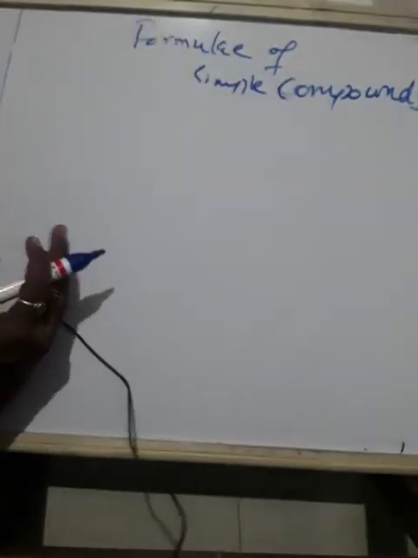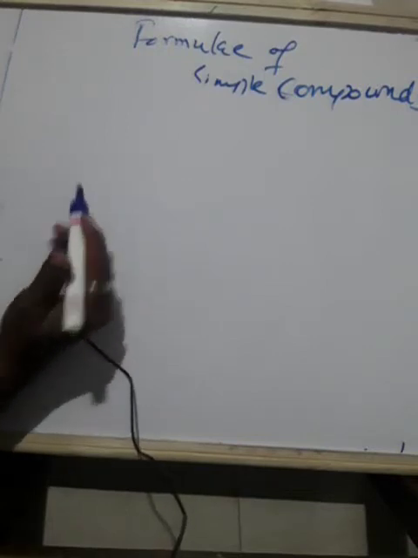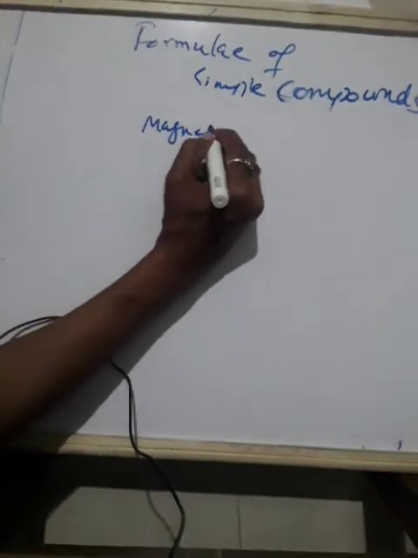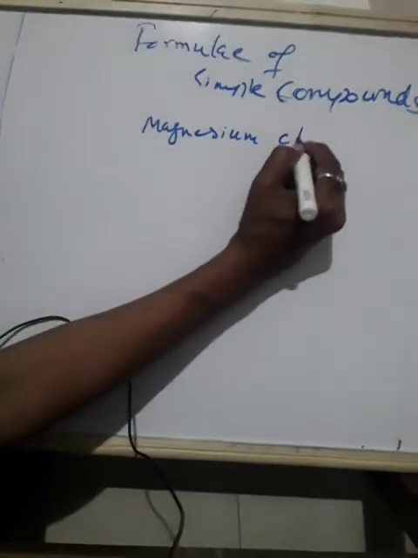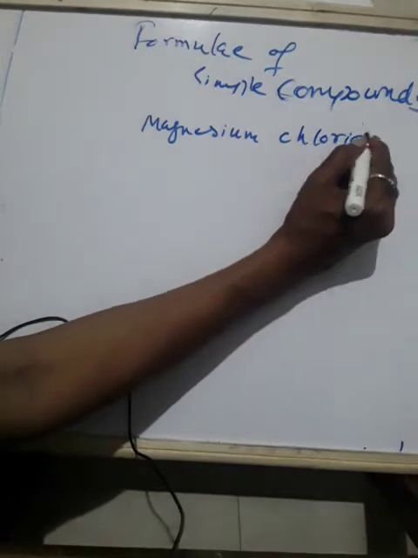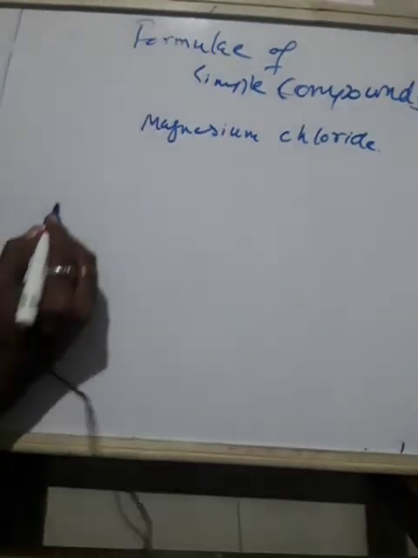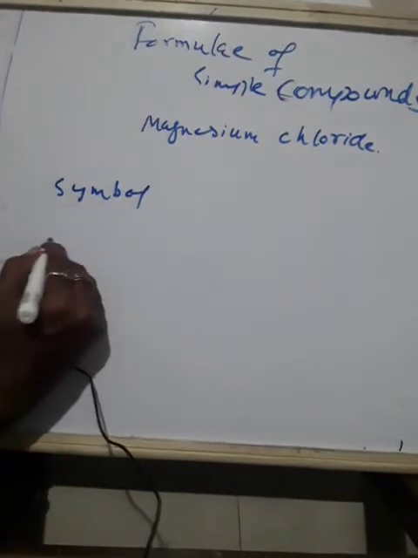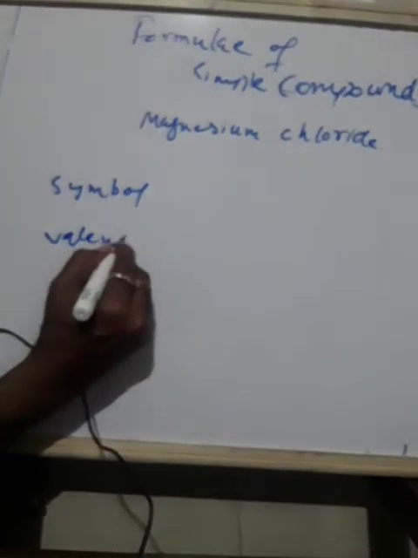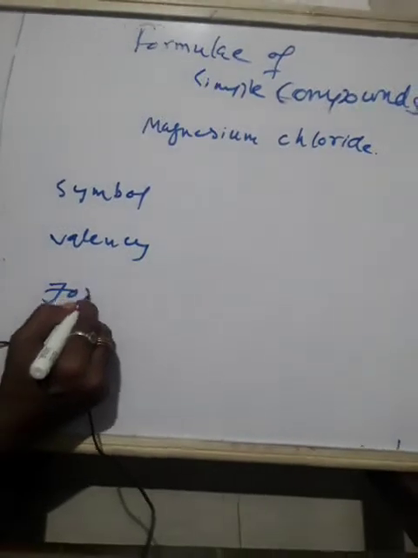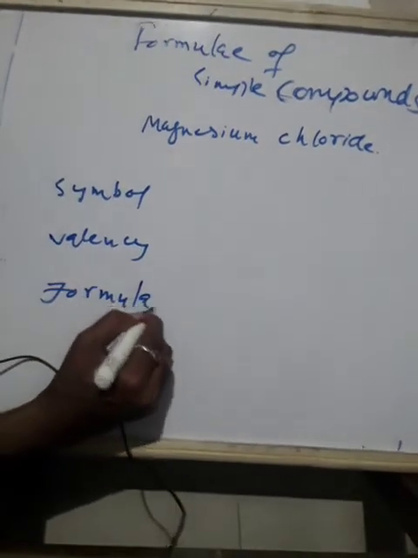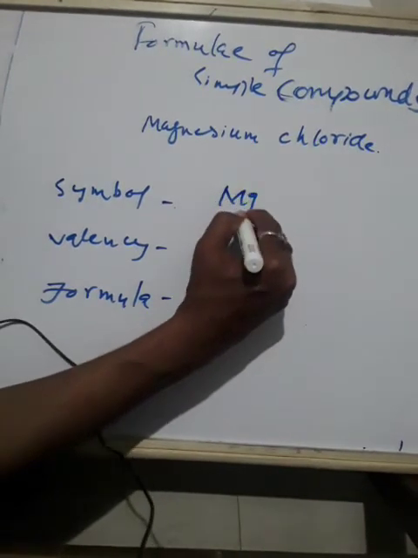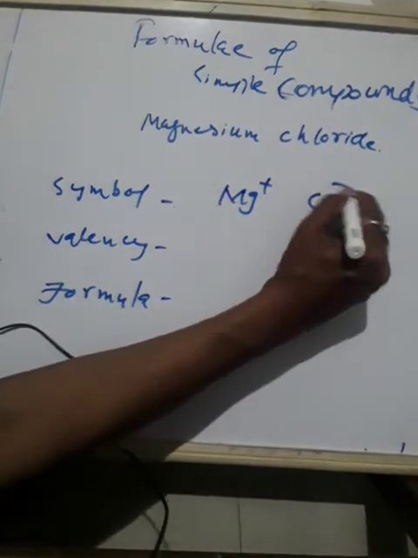See, if I write the magnesium chloride formula: symbol, valency, formula. Magnesium's symbol is Mg plus and Cl minus.